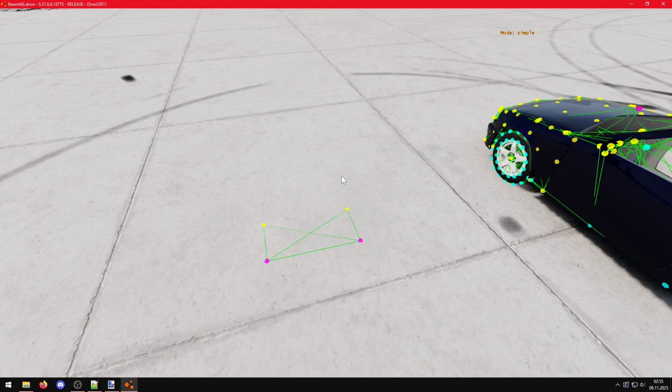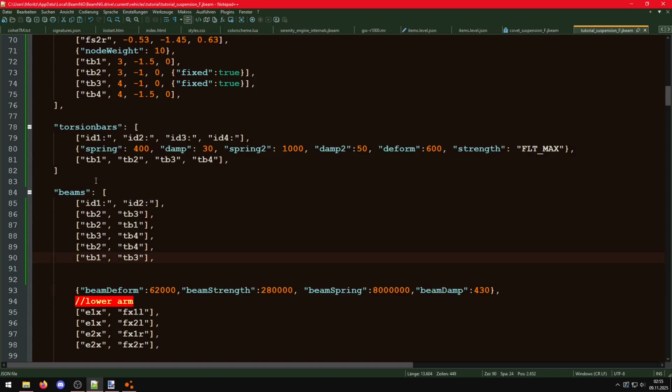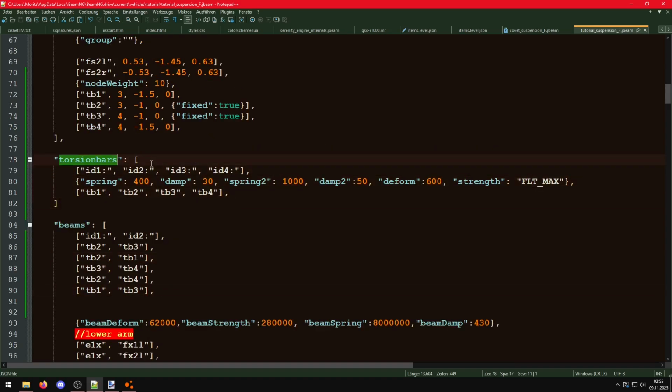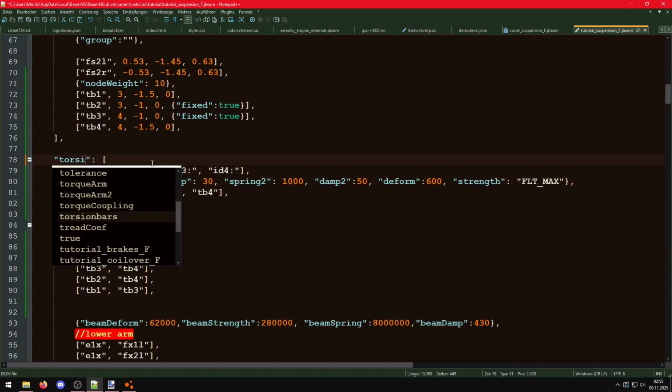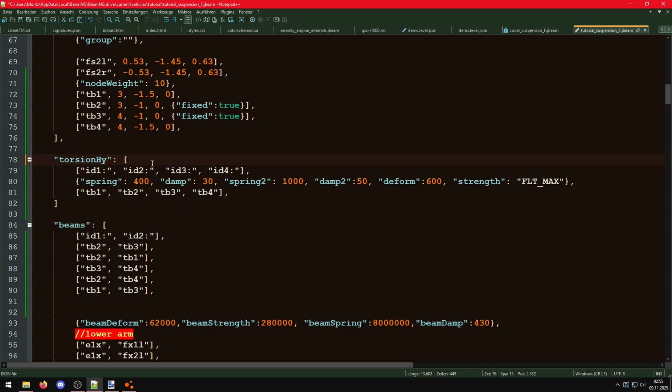Now if we want to control the torsion ourselves instead, we can use TorsionHydros. TorsionHydros are like hydros, just that they twist instead of linear expansion or contraction. So we're gonna just replace this torsion bar with our TorsionHydros, and the TorsionHydros section is almost identical to regular hydros, just with the difference that we have 4 nodes again, and some of the arguments are different too.